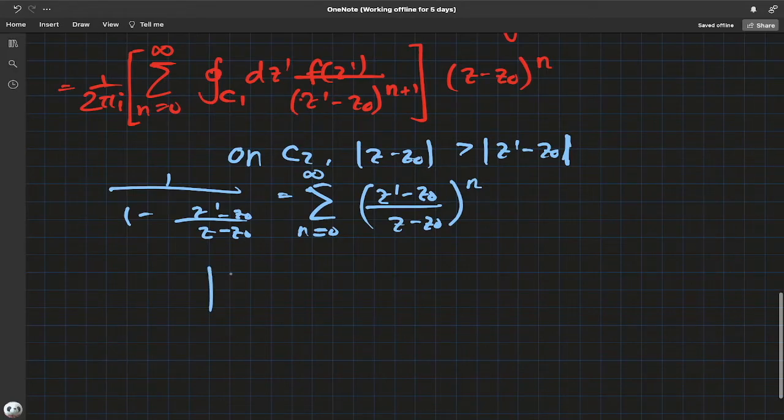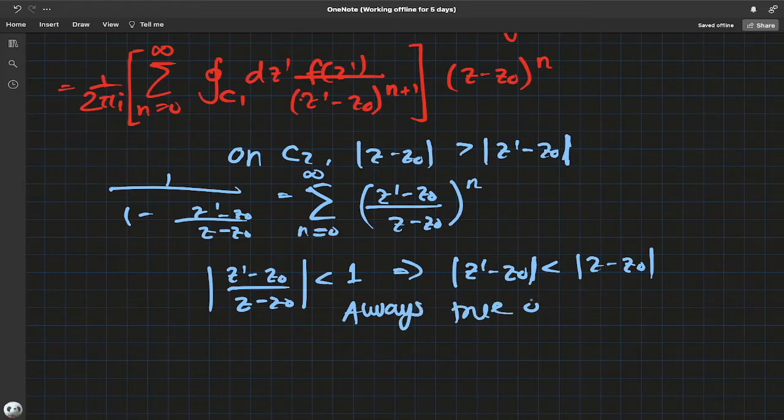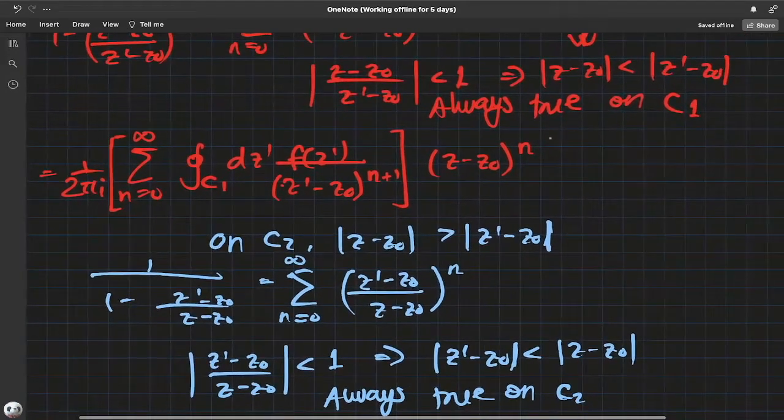Again, this holds true as long as the magnitude of z prime minus z naught over z minus z naught is less than 1, which is precisely the condition on C2. So it always holds true on C2, and that's more than what we can ask for at this point.